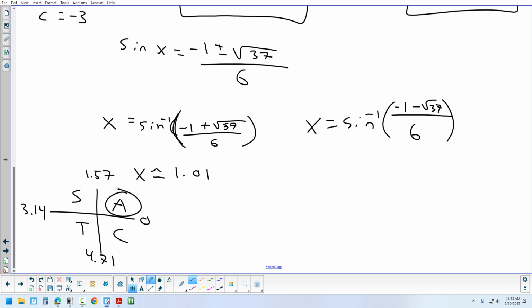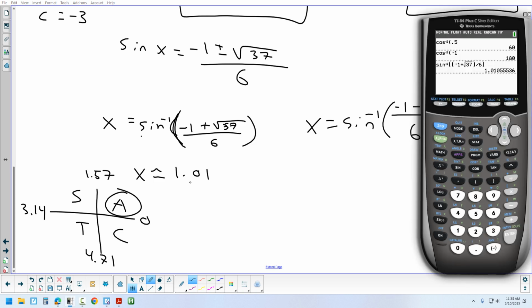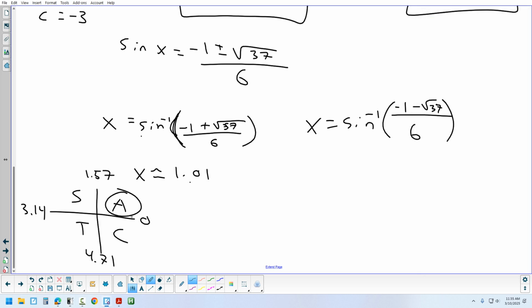Where else is sine a positive number? Quadrant 2. I mean, I didn't show you what that comes out to, but if you just trust me, negative 1 plus root 37, and then divide by 6, it's positive, 0.84. It's a positive number. So we got an answer here. That's my other answer.